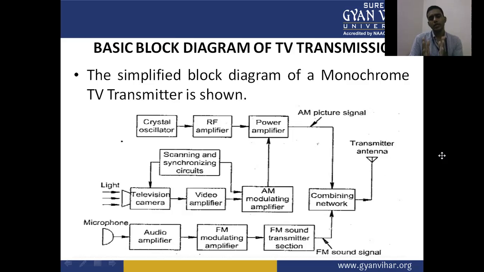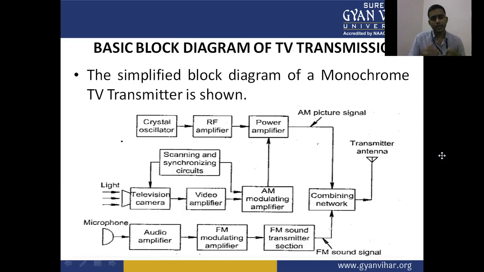The output of the scanning and synchronizing circuit is fed into the amplitude modulated amplifier. In the AM modulating amplifier, the amplitude of the picture is modulated. Similarly, the output of the amplitude modulating amplifier is fed to the power amplifier.